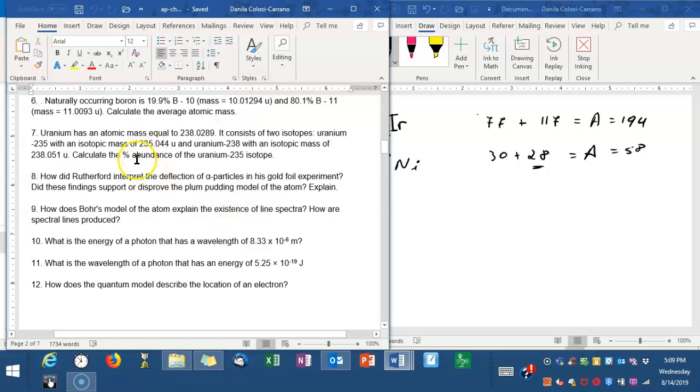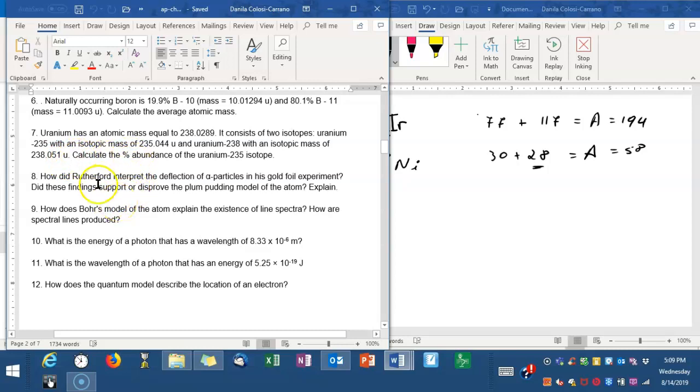Number 7. Uranium has an atomic mass equal to this, so you have already the number. It consists of 2 isotopes with mass and mass. Calculate the percentage. So you will take the mass times x% plus the mass times 100 minus x%, and you just solve for x.